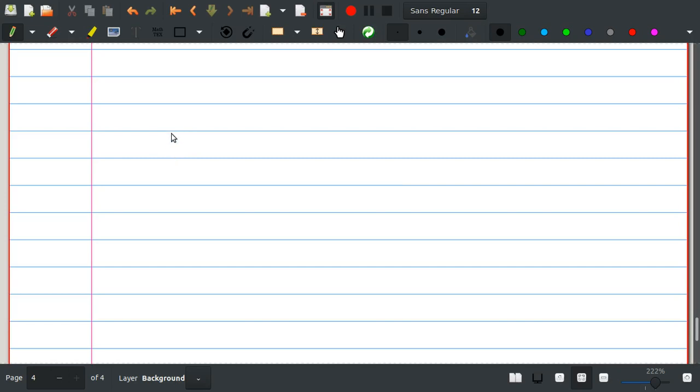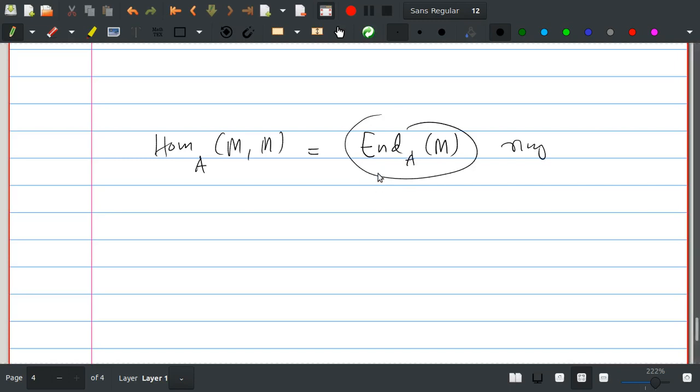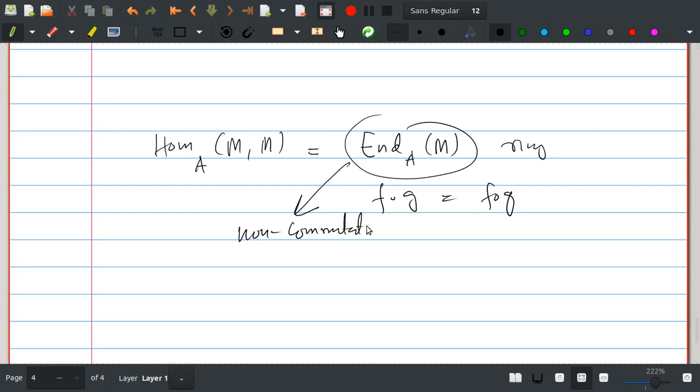If I look at the set Hom(M, M), the set of all A-module homomorphisms, which is sometimes denoted like this, this is actually a ring, and the multiplication here is the composition, but this ring is non-commutative, because if I take two endomorphisms f and g, then f composed with g is not equal to g composed with f.